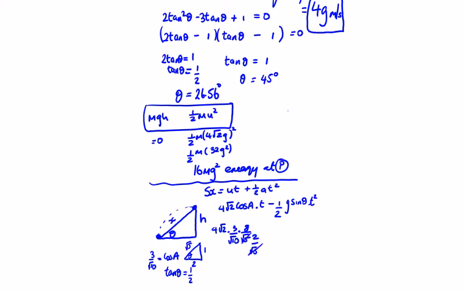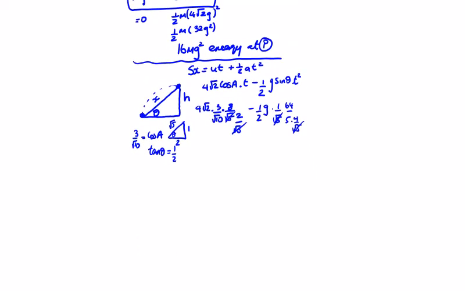So they'll cancel. Then we have minus a half times g by the sine of theta, which is 1 over root 5, by t squared, which is 64 over 5 by cos squared theta, and cos theta is 2 over root 5, so we're going to get 4 over root 5. So these will cancel.